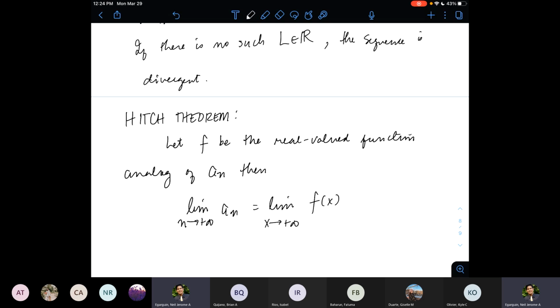You might think there's no big difference between the left and the right-hand side, but there are some technical nitty-gritties here. Remember, a_n has domain the set of natural numbers. While here, I'm considering f to be the extension of a_n, so that any real number, at least any positive real number, will have an image under the sequence.